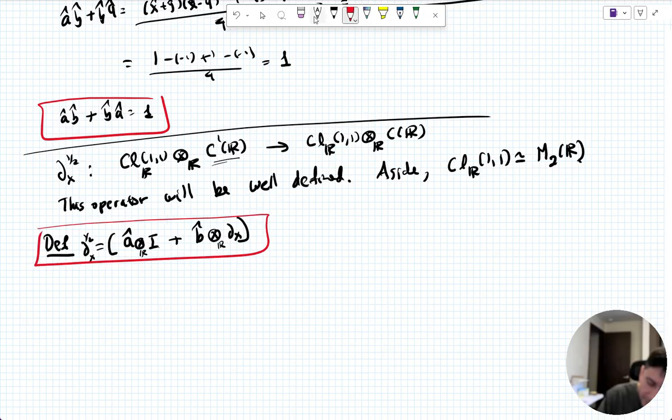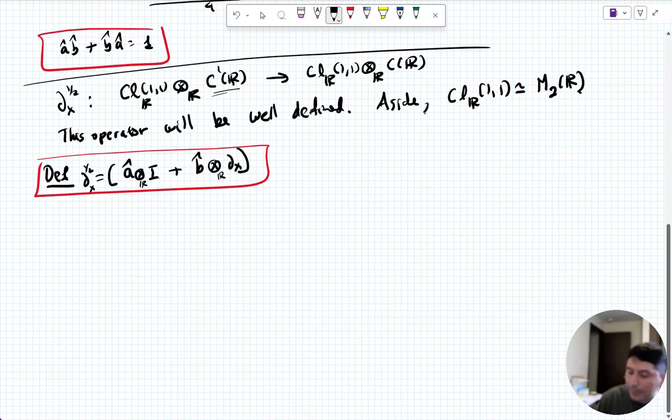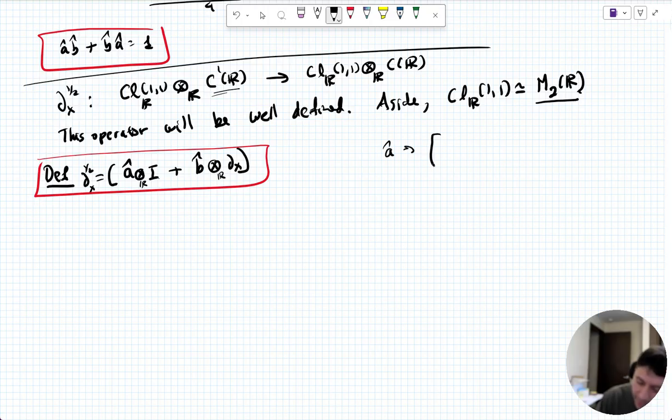Now let's do a small calculation to show that it works, right? But before we go on, let's consider this definition right here. These are 2 by 2 matrices, right? So A hat in this case corresponds to (0, 1, 0, 0), and B hat corresponds to (0, 0, 1, 0).